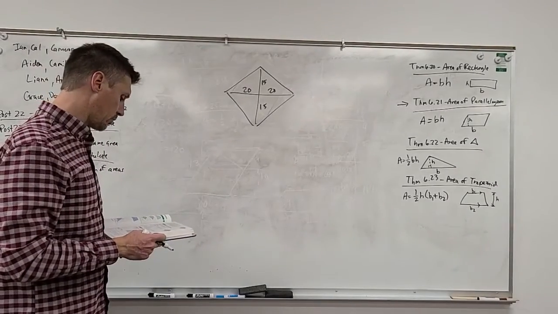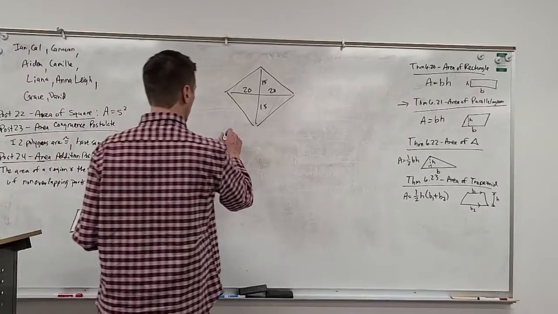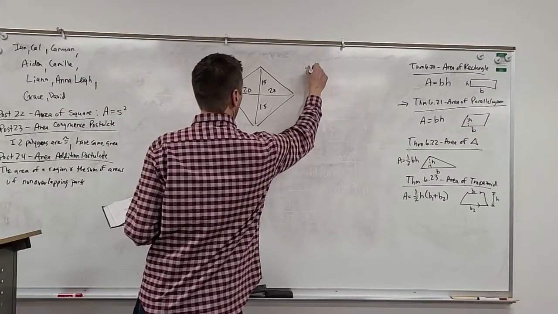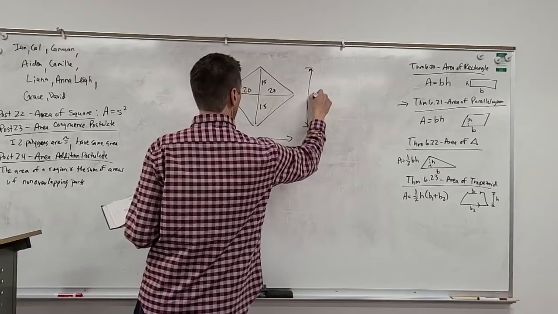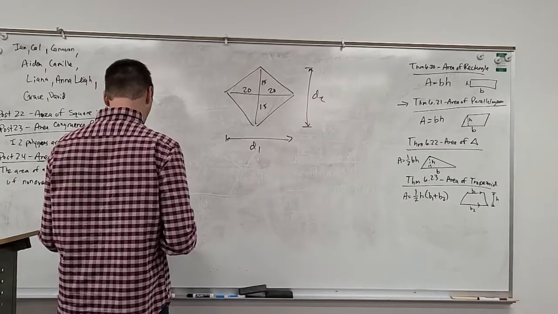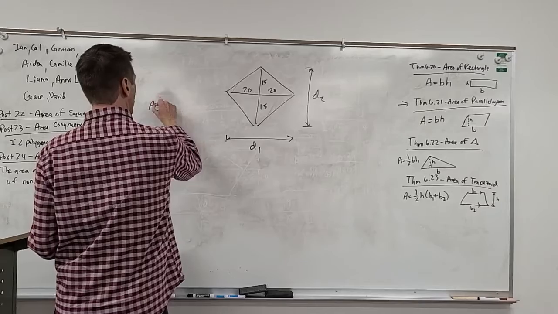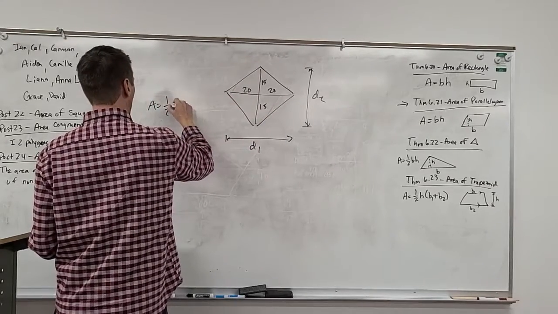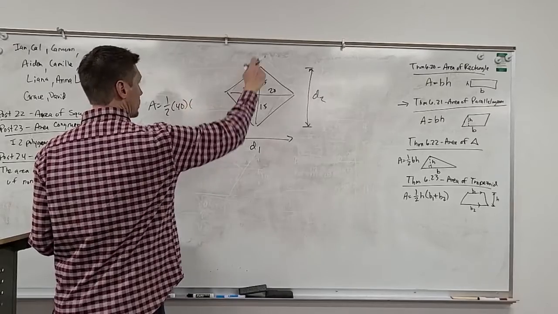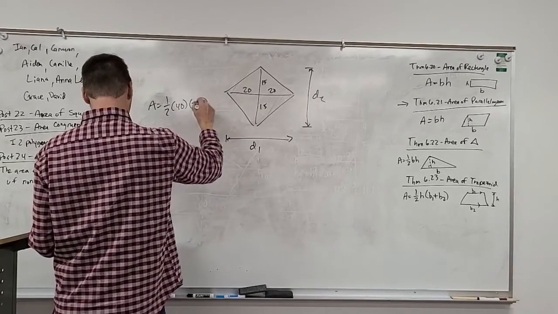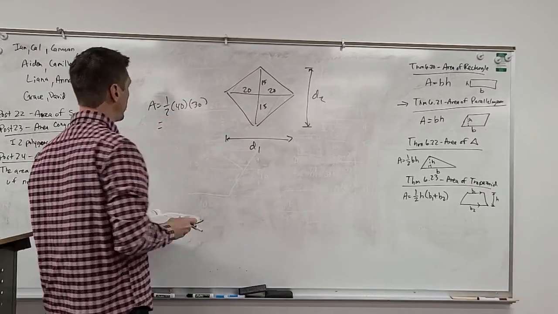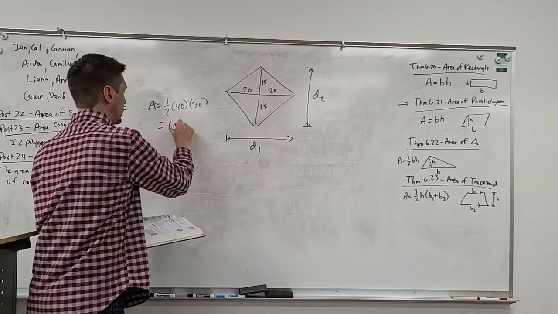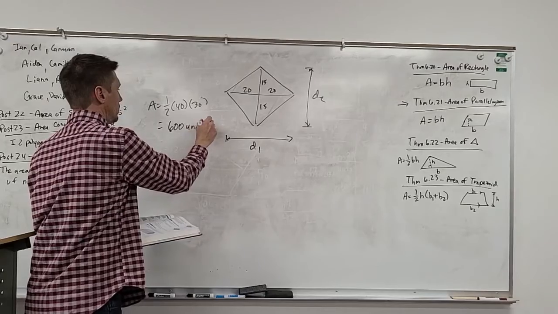The area of a rhombus, we were told, was just 1/2 times d1 and d2, right? So area equals 1/2 of the length of one guy. 20 plus 20 is 40, times 15 plus 15 is 30. So altogether that would be 1,200, half of 1,200, which would be 600 units squared.